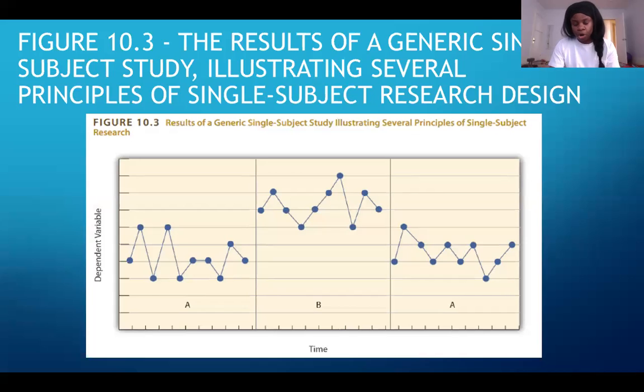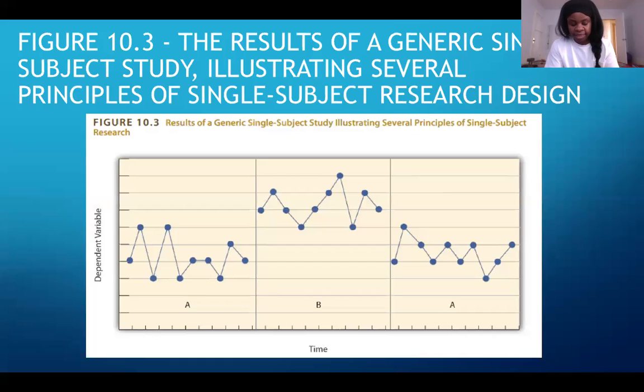So here, Paul Price specifically tells us to consider some of the features that are common when it comes to single subject study designs, okay? The features are illustrated specifically in this figure, which shows, again, the result of a generic single subject study, okay?